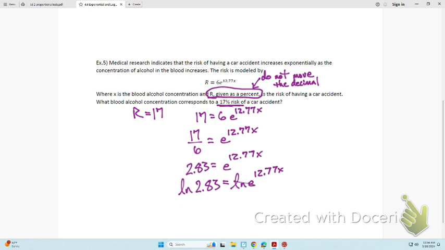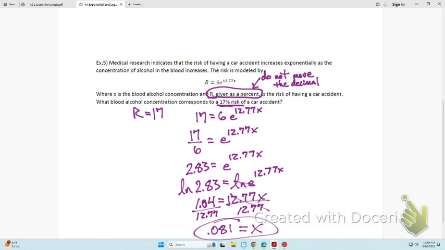You can do that if you want. And then divide both sides by 1277. And we get 0.81. All right, that's it. See you later. Bye.